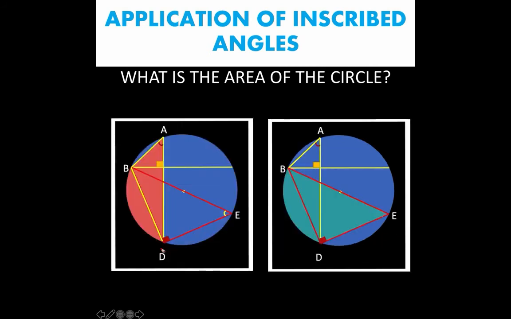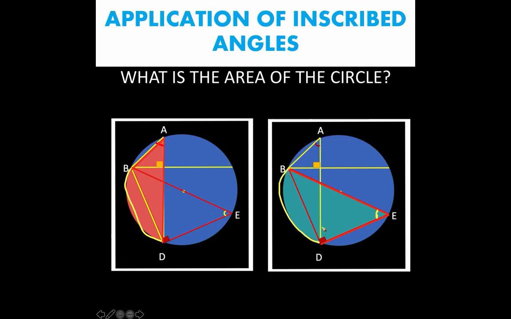Another thing to notice is when you have this triangle BAD, with respect to this angle, angle BAD, its intercepted arc is arc BD. Also, with respect to angle BED, the intercepted arc of this angle also is arc BD.